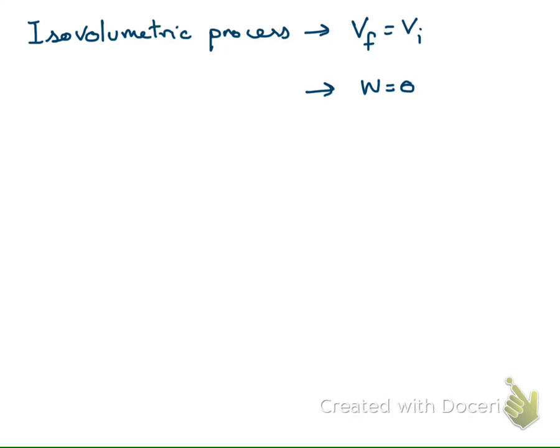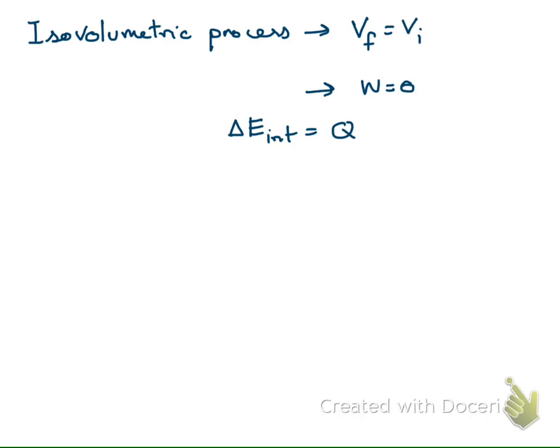And since W is 0, the change of the internal energy is equal to Q, because there is no work. So the heat entering or leaving the system will change the internal energy of the system.